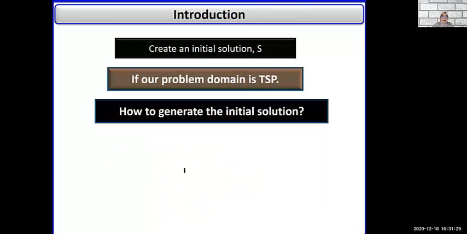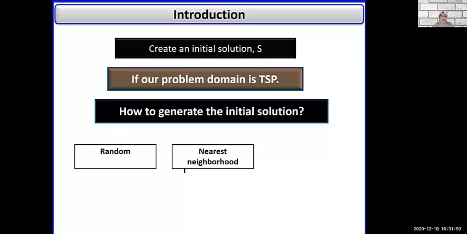Okay, let's have a look at this example. Let's say we create an initial solution S. If our problem domain is a traveling salesman problem, how do we generate the initial solution? This is one question. We can generate the initial solution randomly. We can generate it using nearest neighborhood or farthest neighborhood.